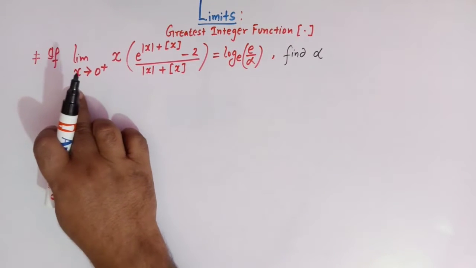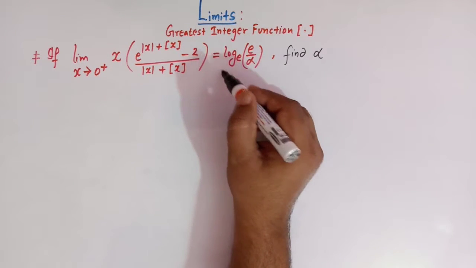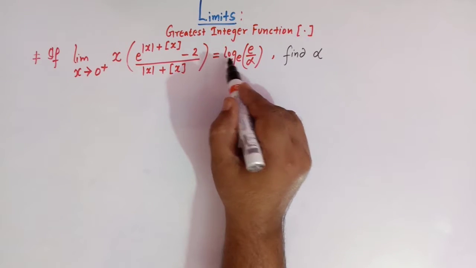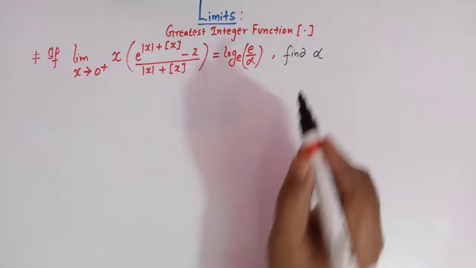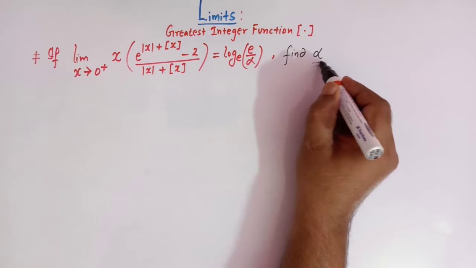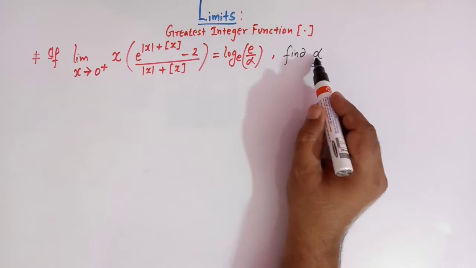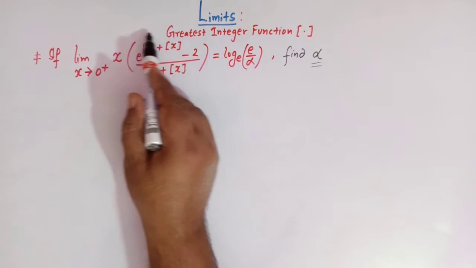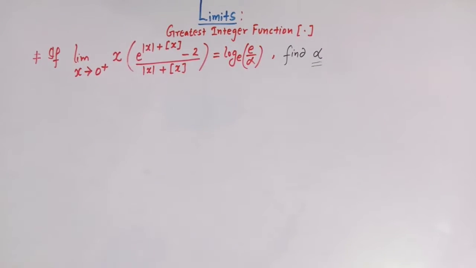So this limit is given to be equal to log base e of e over alpha. We have to find the value of alpha, and in order to do that, we'll try to evaluate this limit. So let us start.